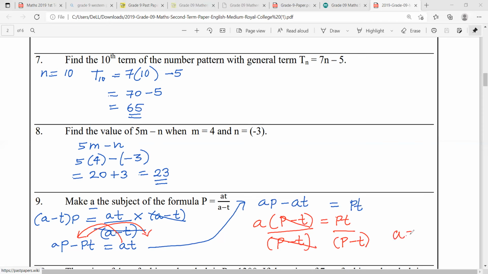A equals PT divided by P minus T, and this is the answer. So okay, then we'll go to the next one.